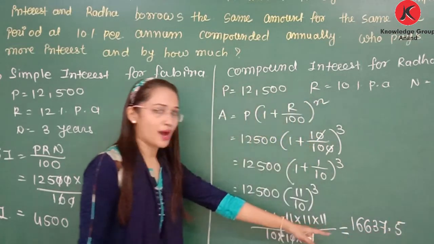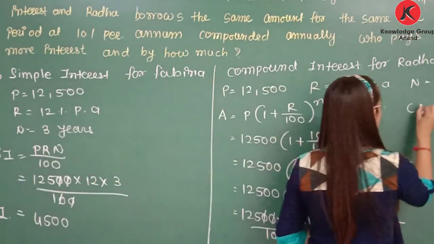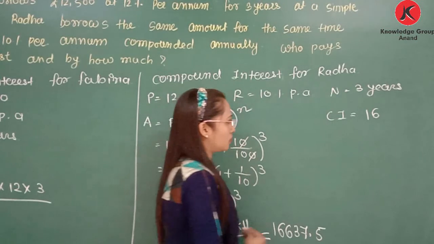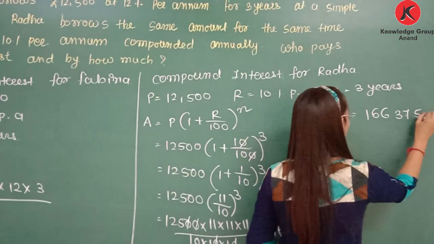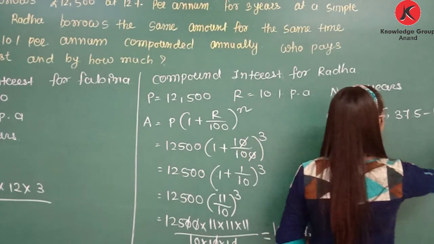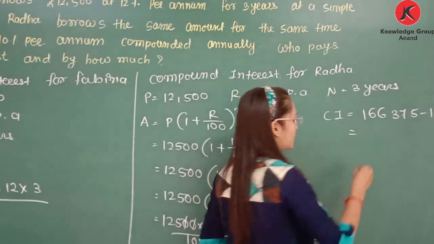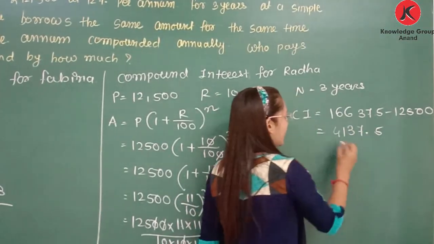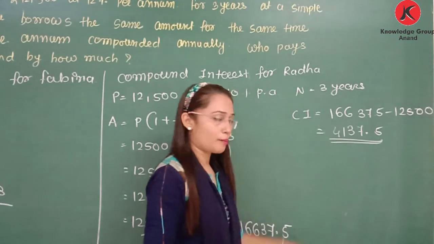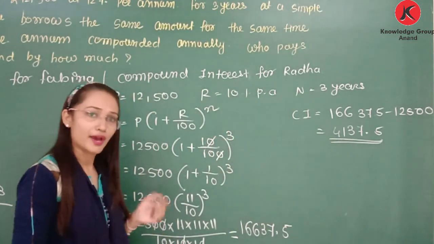So this is the amount after 3 years. So what will be the compound interest? 16,637.5 minus 12,500. So the compound interest paid by Radha is 4,137.5. Now Radha pays this much as interest, and Fabina pays 4,500.